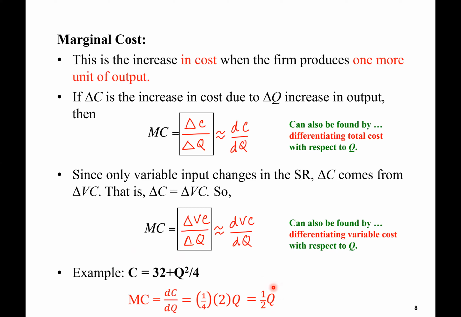Suppose currently you're producing 2 units, so plug in 2 for Q. It will be half times 2, so the whole thing boils down to $1. That tells us, if you're already producing 2 units and you want to produce the third unit, you have to spend $1 more to do that.